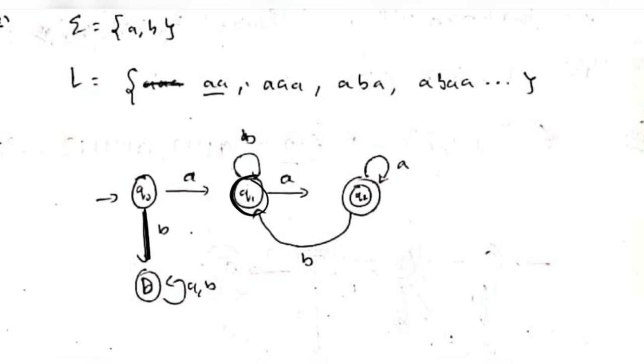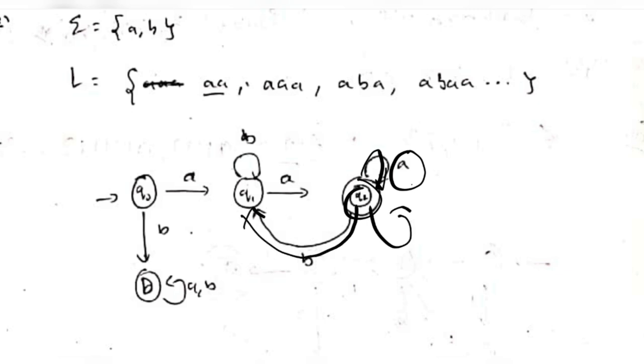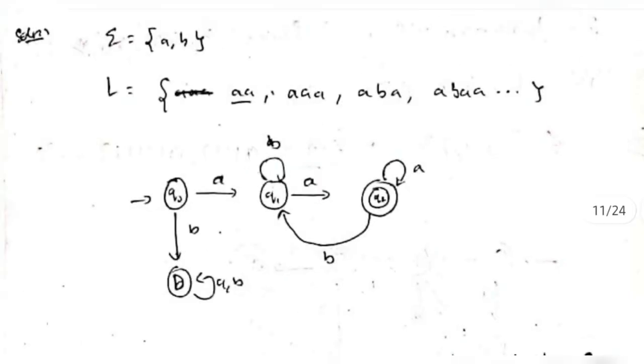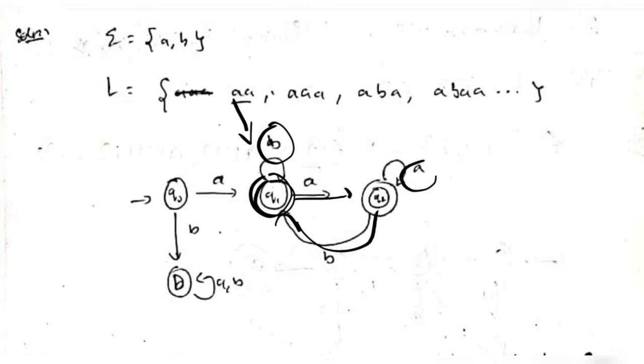Coming to the middle state, we can have any A or B's, so we will have a self loop here for B. Coming to the final state, it should end with A, so we will have a self loop for A, and if there is a B, it should go back to the middle state. Because if we have a self loop on B, the string will end with B, and that string should not be accepted, right. So, we will not accept that and go with B back to the middle state.